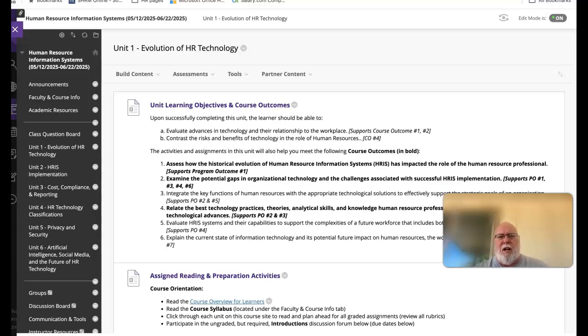First off, we're going to talk about the evolution of HR technology. As you can see, we're in Unit 1, and you can see the objectives and some of those things. But really, HR has been making that paradigm shift from a paper-based system to implementing technology to leverage HR and the larger organizational strategy.